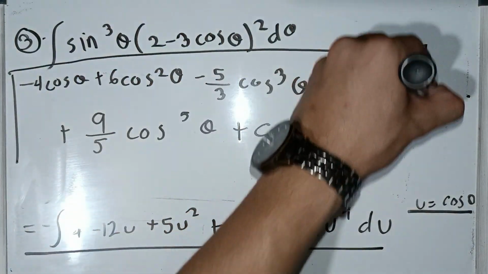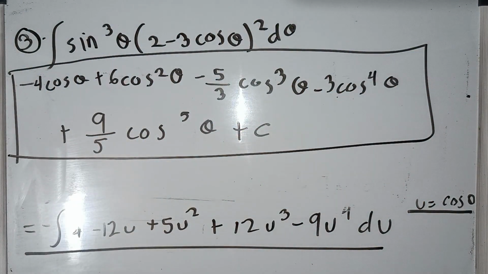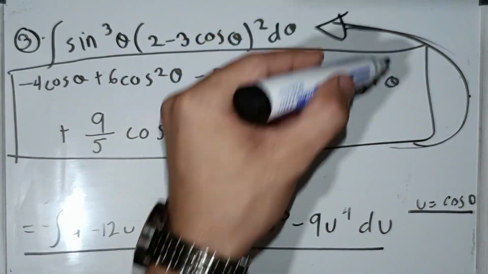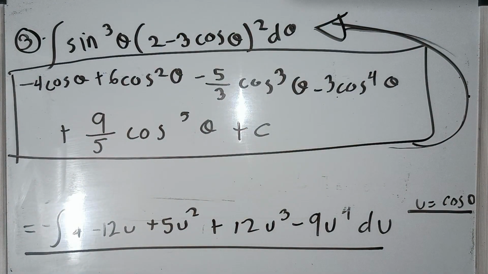So this is now the integral of our problem, sine cube theta multiplied by 2 minus 3 cos theta raised to 2 d theta.